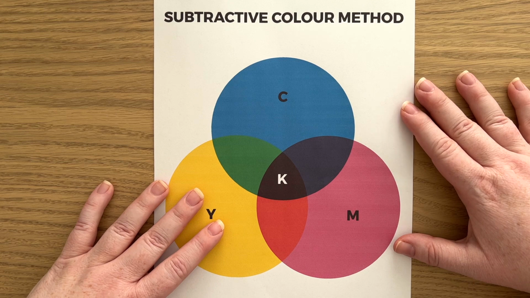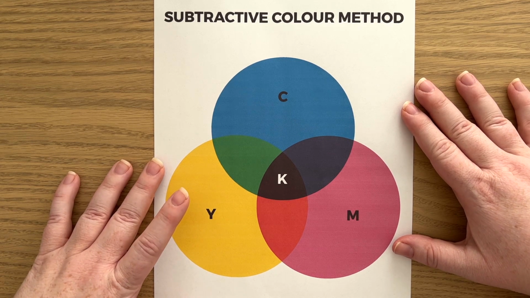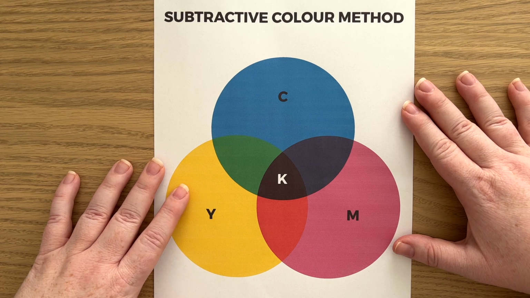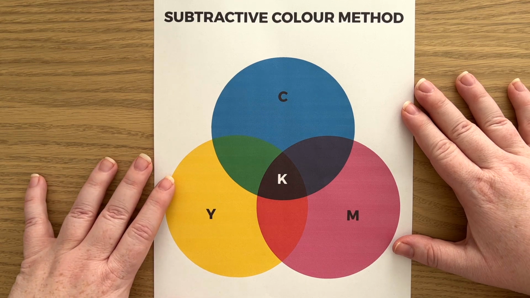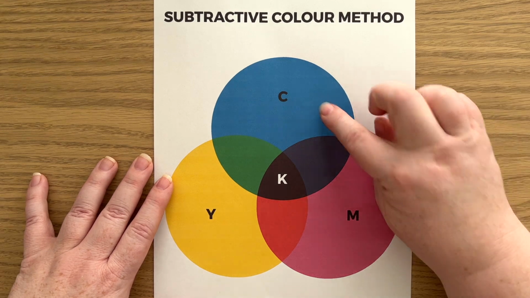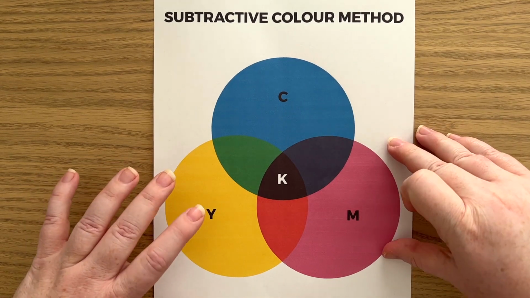Traditionally, the primary colours used in subtractive processes were red, yellow and blue, as these were the colours painters mixed to get all hues. As colour printing emerged, they were subsequently replaced with cyan, magenta and yellow.